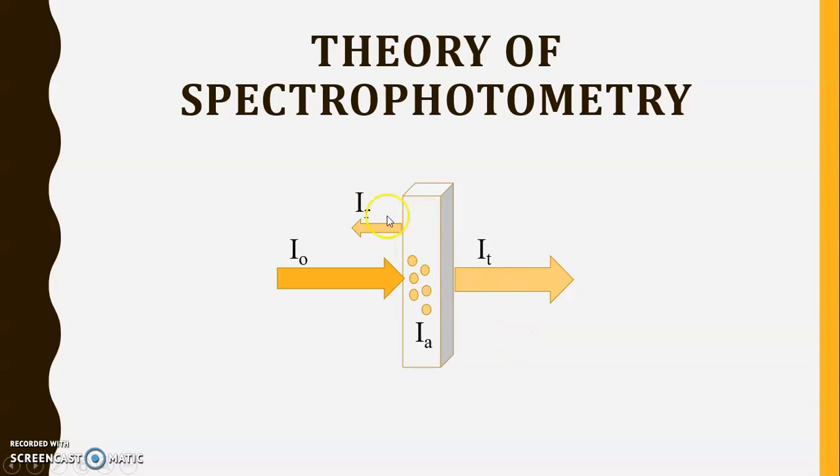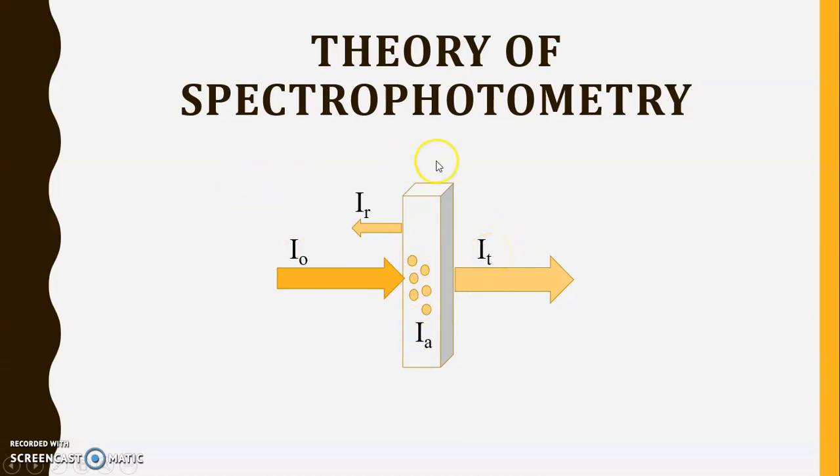So together IR, IT and IA give this I0. This diagram clearly explains the amount of light falling on the sample; out of that, a certain amount is absorbed and a certain amount is transmitted.